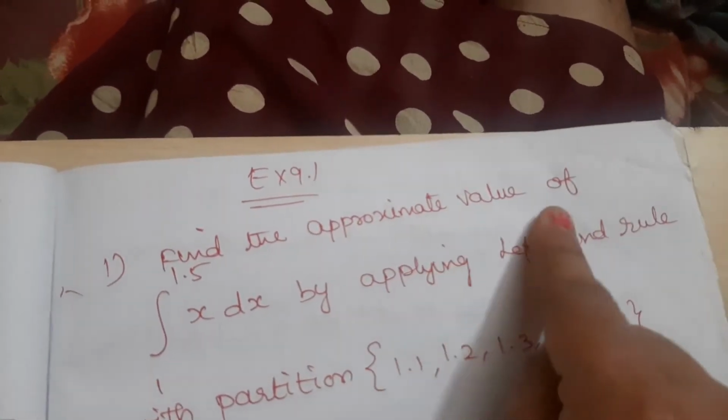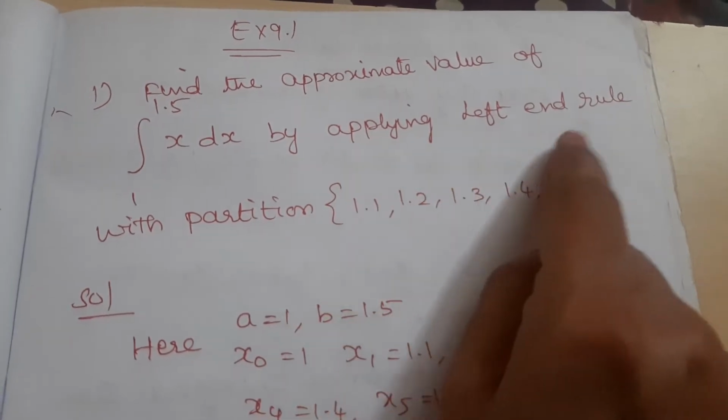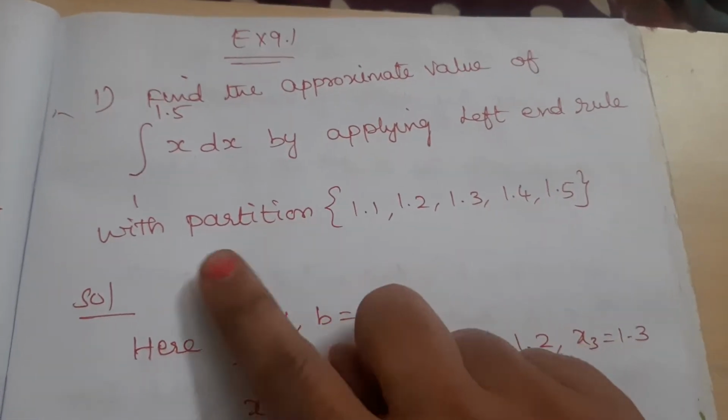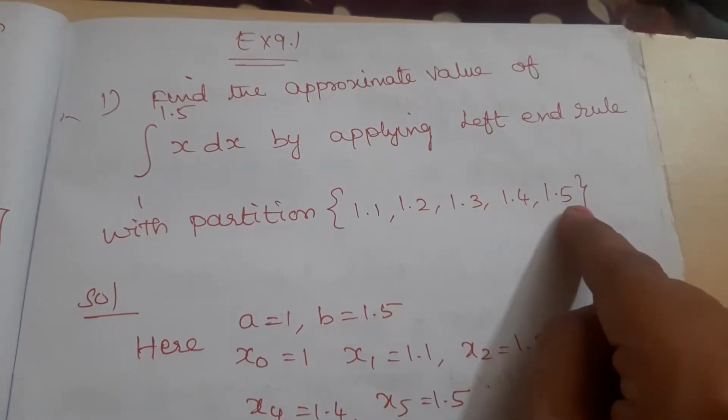Find the approximate value of the integral from 1 to 1.5 of x dx by applying the left-end rule with partition 1.1, 1.2, 1.3, 1.4, 1.5.